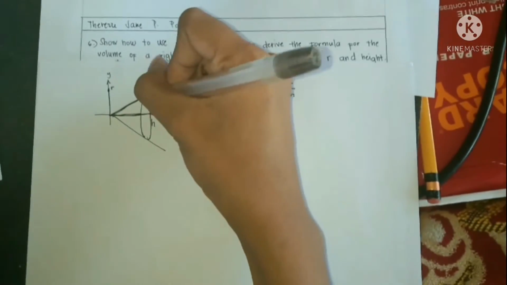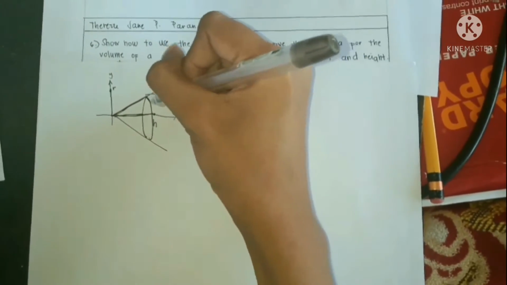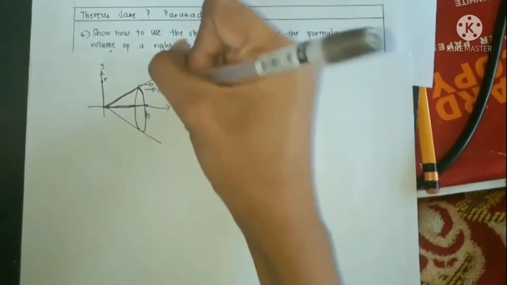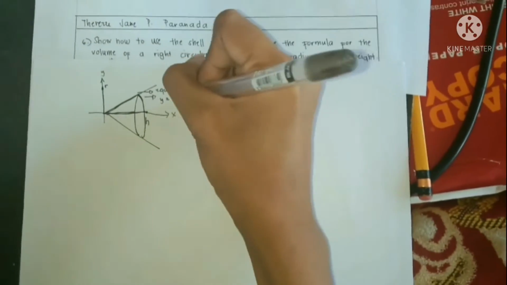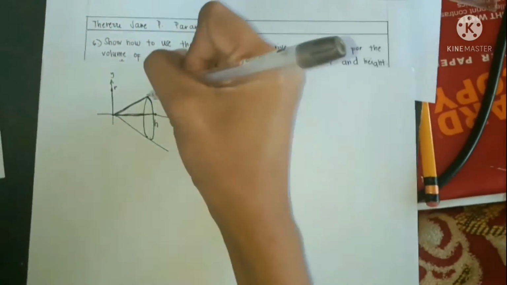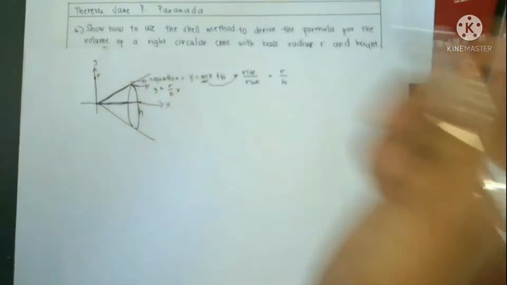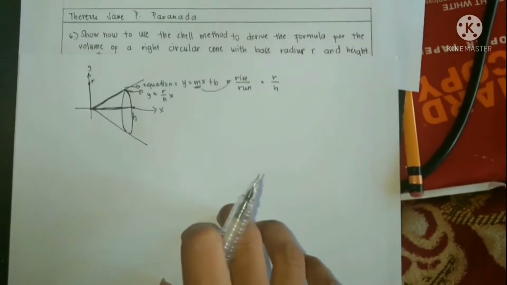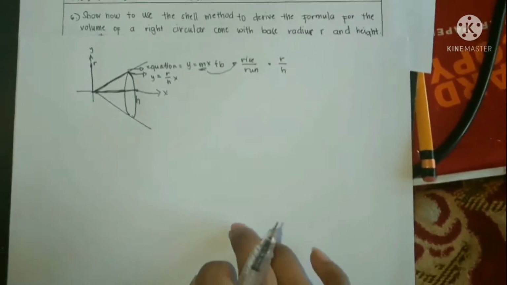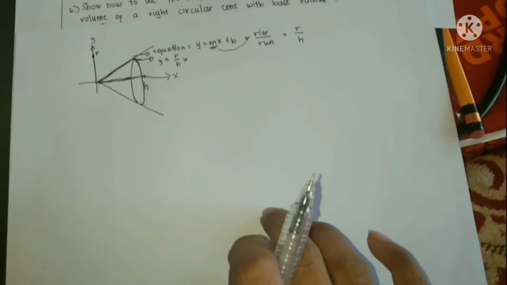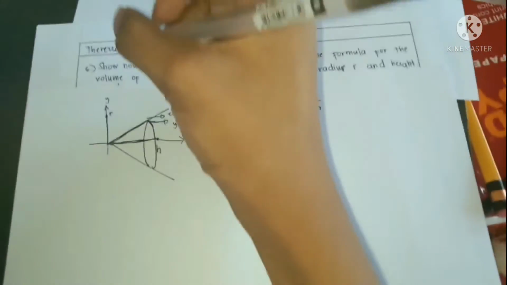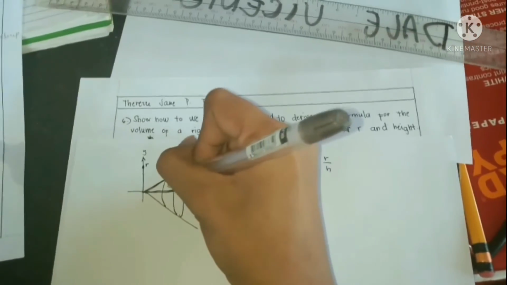So the equation of this line is y is equal to r over h x, and b would be 0 in this case because we're starting at 0. So to find the volume of the cone, we're going to be taking the slices out of this cone.